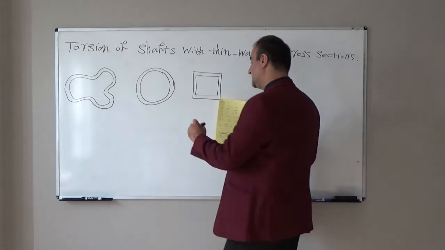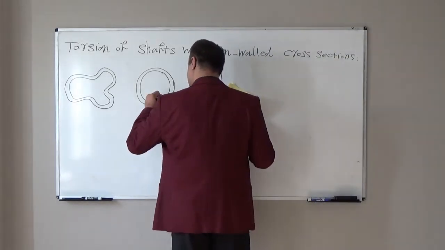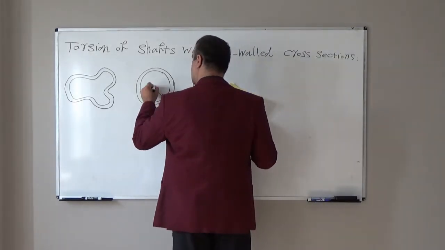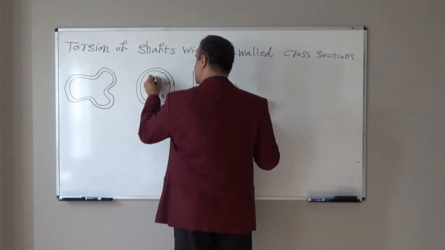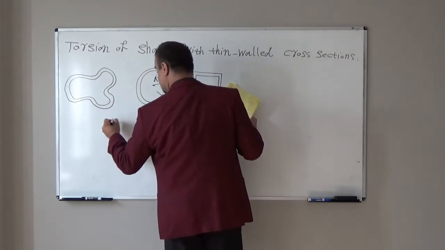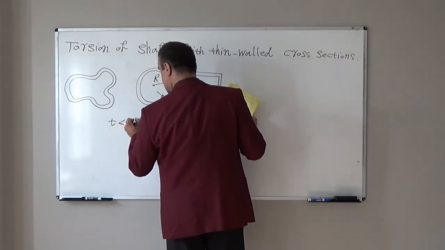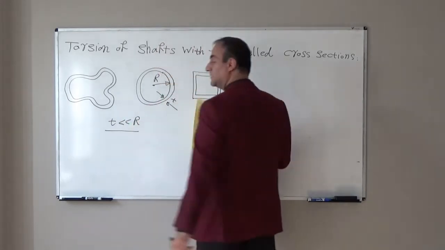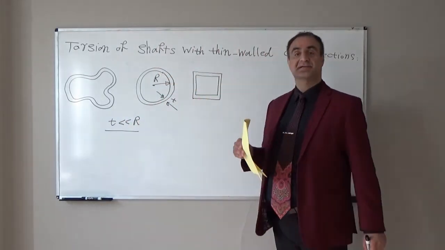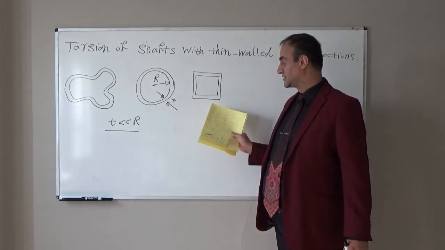Thin-walled means this thickness is very small if we compare it with the radius, the cross-section radius or cross-section length.